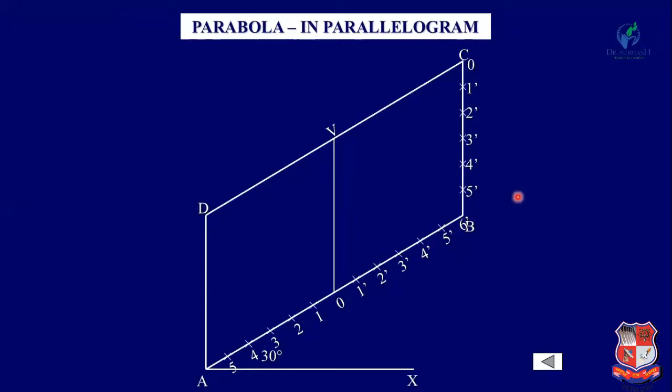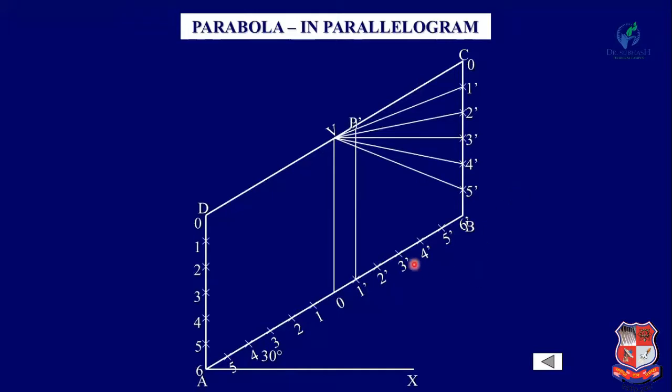Similarly on line DA, 0, 1, 2, 3, 4, 5 and 6. Now join all these points on the vertical lines with V: V1 dash, V2 dash, V3 dash, V4 dash and V5 dash, and from 1 dash draw a vertical line and get the intersection point with V1 dash, which is P1 dash.